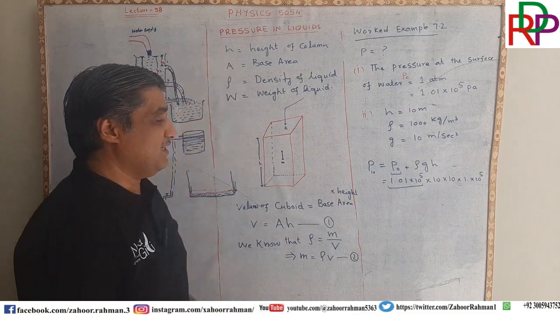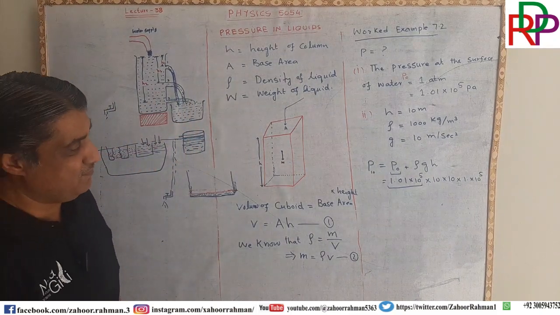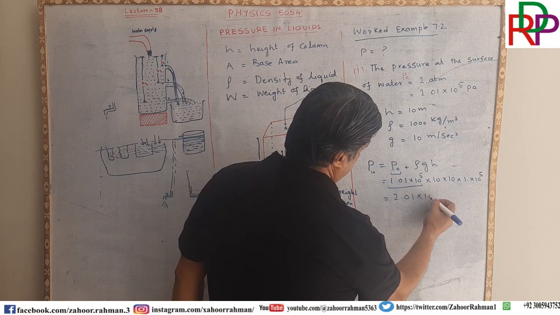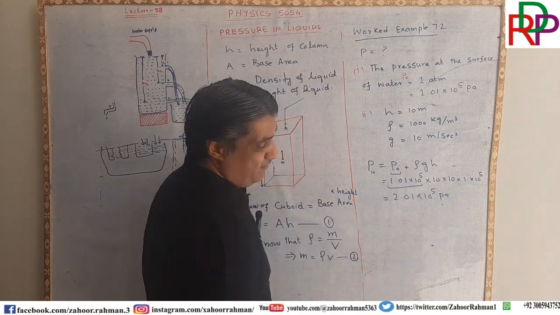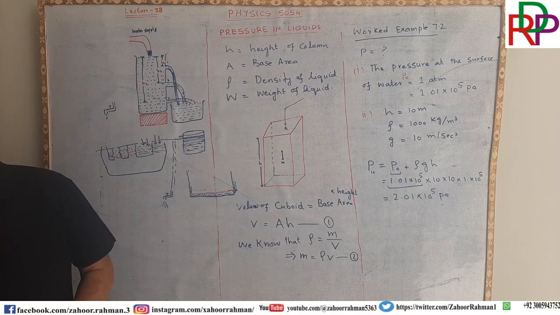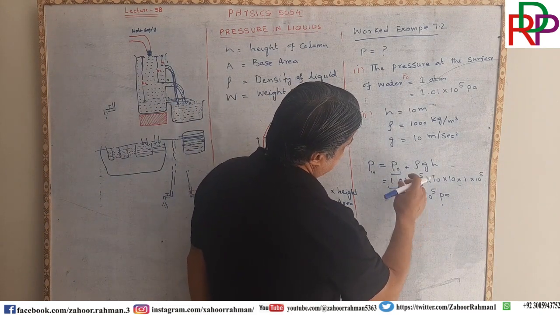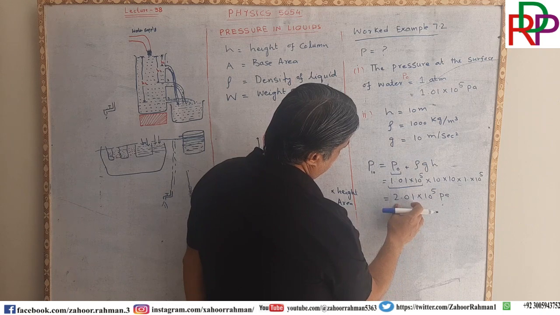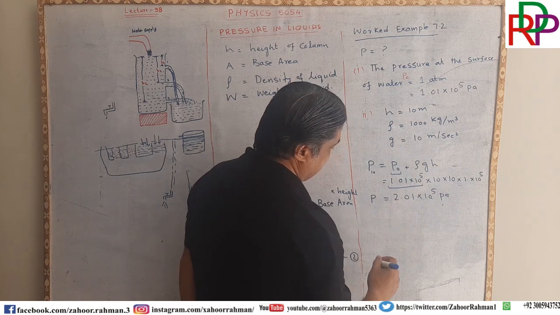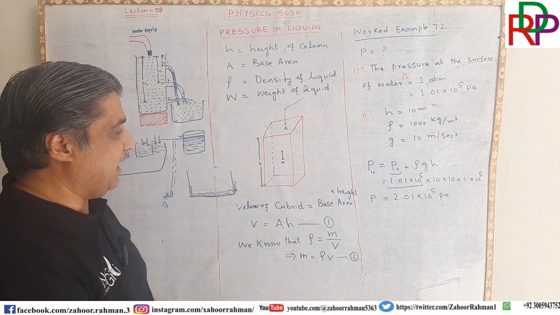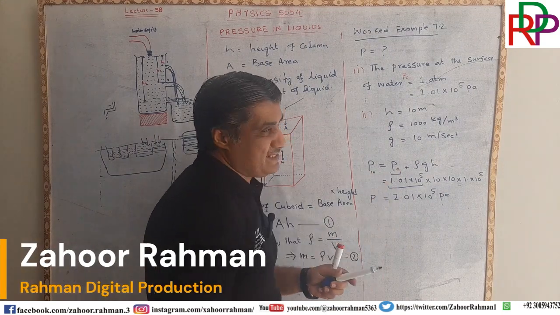So we are taking 10 raised to the power 5 as common, and when we calculate this, it will be 2.01 into 10 raised to the power 5 Pascal. Yes, it is like this. So we are seeing that at the 10-meter depth, the pressure on the diver is almost twice the pressure at the surface of water.